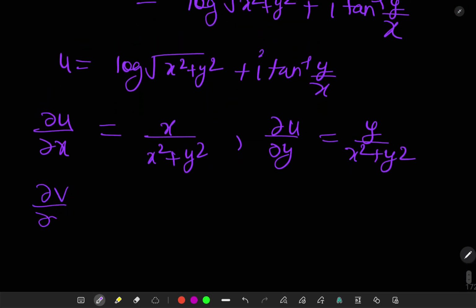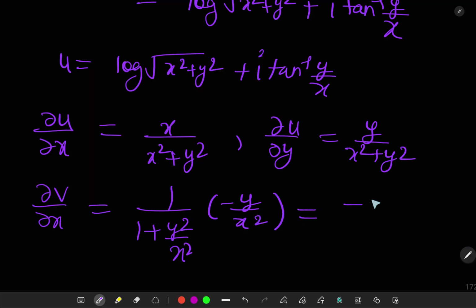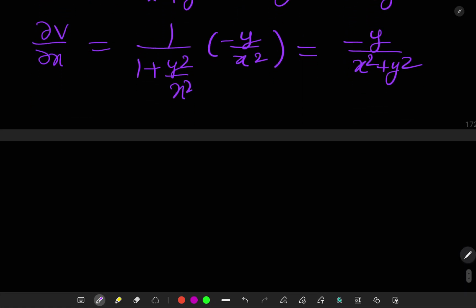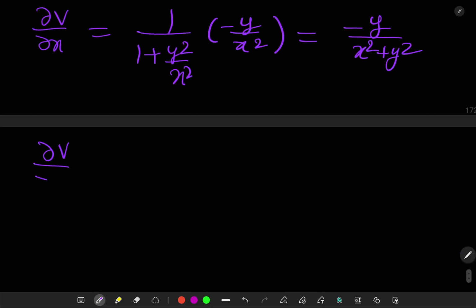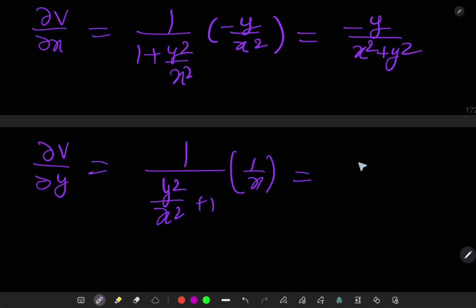Now del v over del x is equal to this, which is equal to minus y divided by x square plus y square. Now del v over del y is equal to y square divided by x square plus 1 into this.